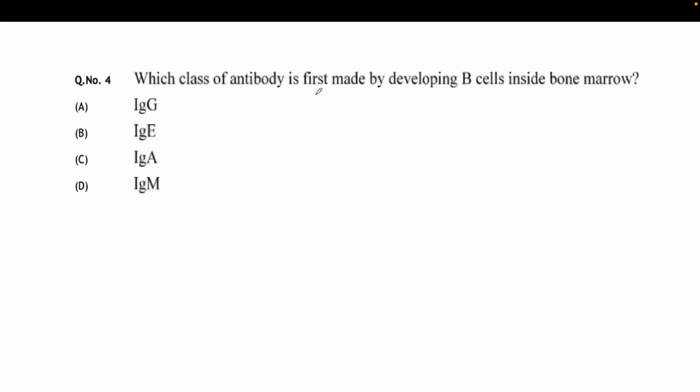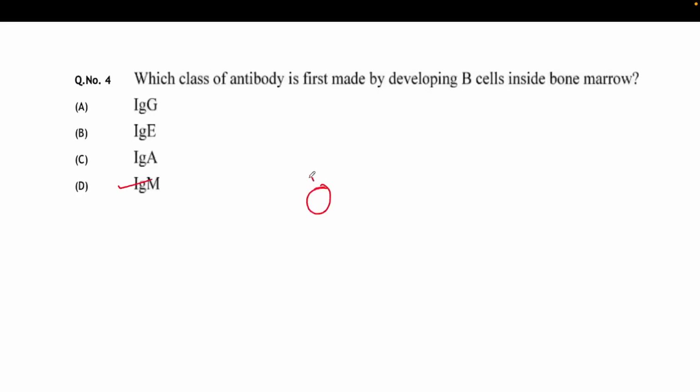Which class of antibody is first made by a developing B cell inside bone marrow? Immunoglobulin G, immunoglobulin E, immunoglobulin A, immunoglobulin M. What will be the correct answer? Yes, IgM is the correct answer, because in the B cell there are two types of antibody.